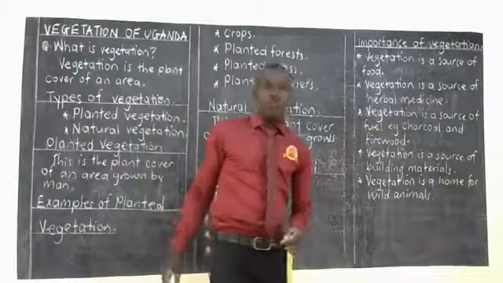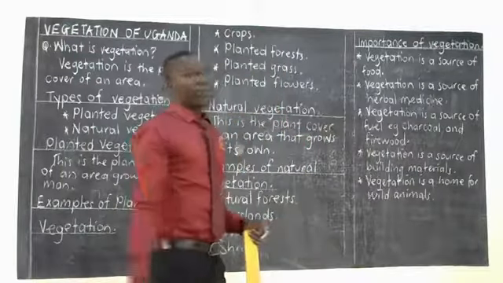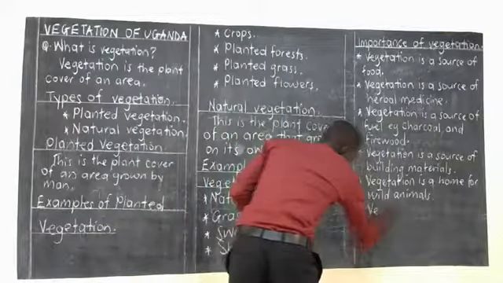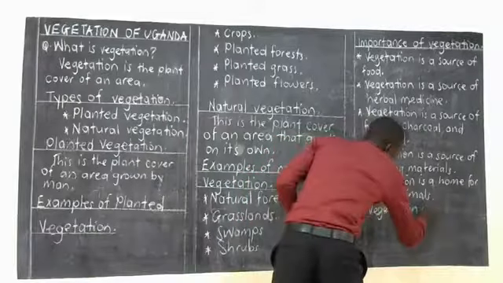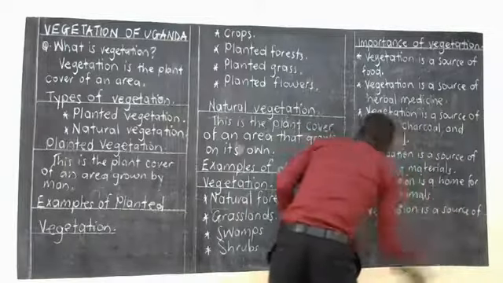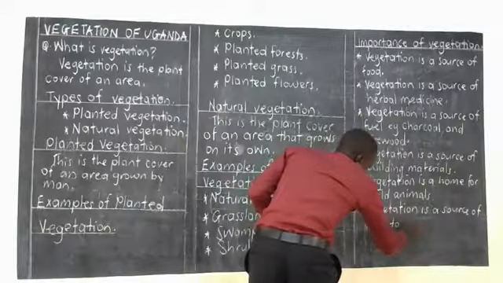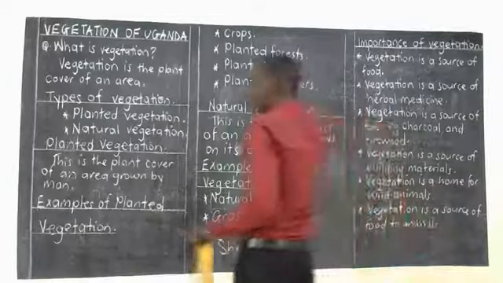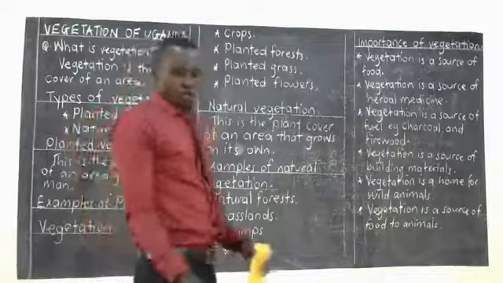Animals feed on vegetation, and it's important for us to know that vegetation is a source of food to animals.